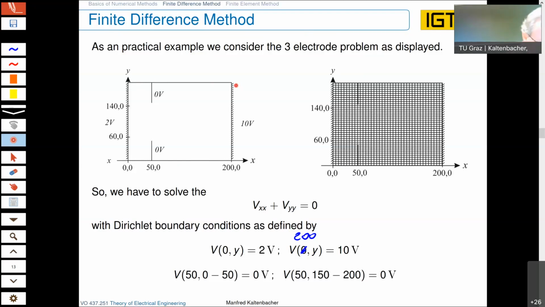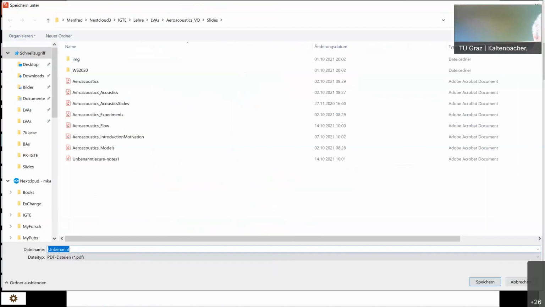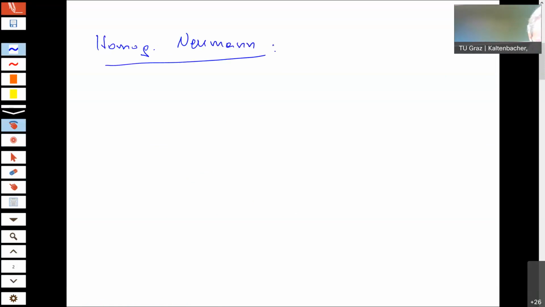So we will have homogeneous Neumann. As we know, homogeneous Neumann means the normal derivative is equal to 0.